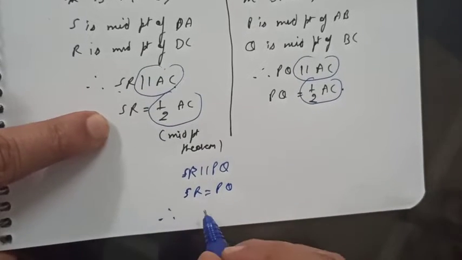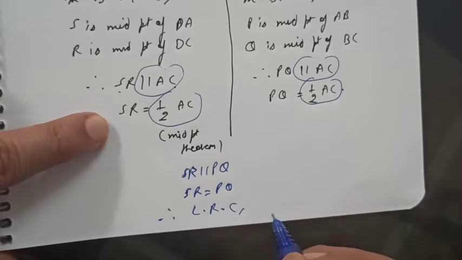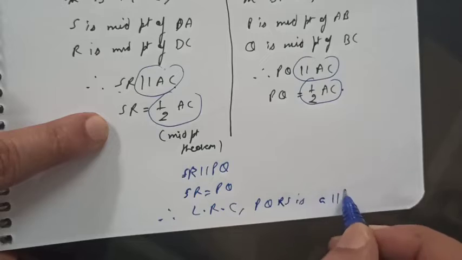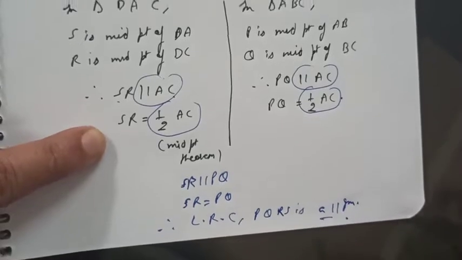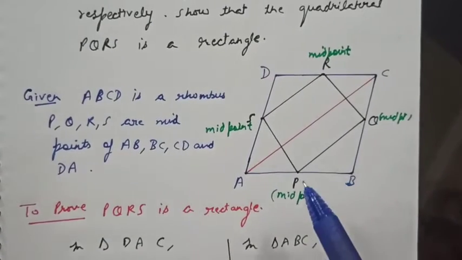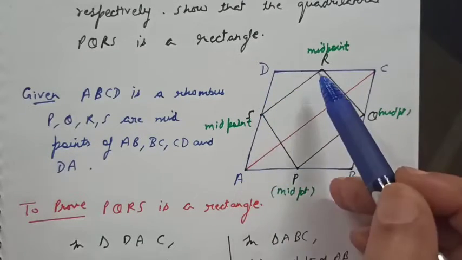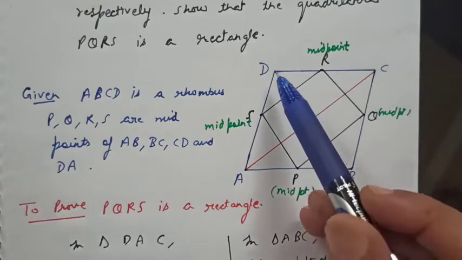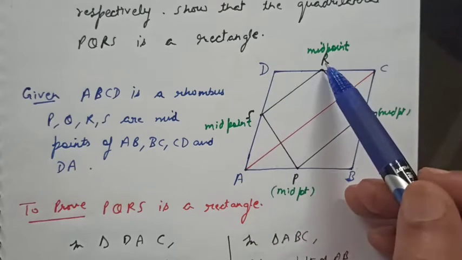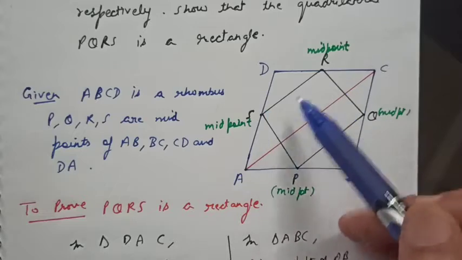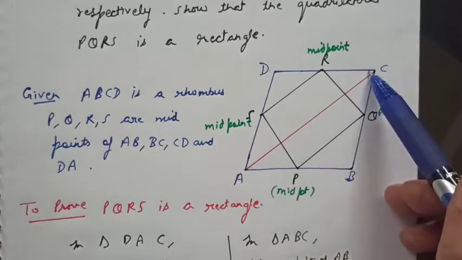So therefore by least required condition PQRS is a parallelogram, right? So first of all I took this triangle ADC. S is the midpoint of this, R is the midpoint of this. So according to midpoint theorem I know that line joining the midpoints is parallel to the third side and is half of it. So therefore SR is parallel to AC, SR is half of AC.